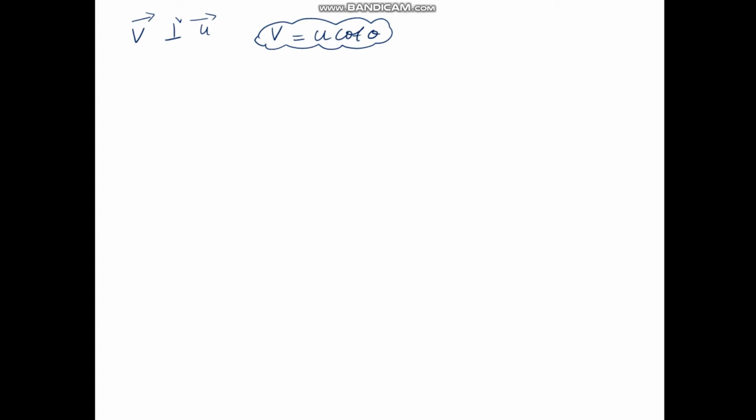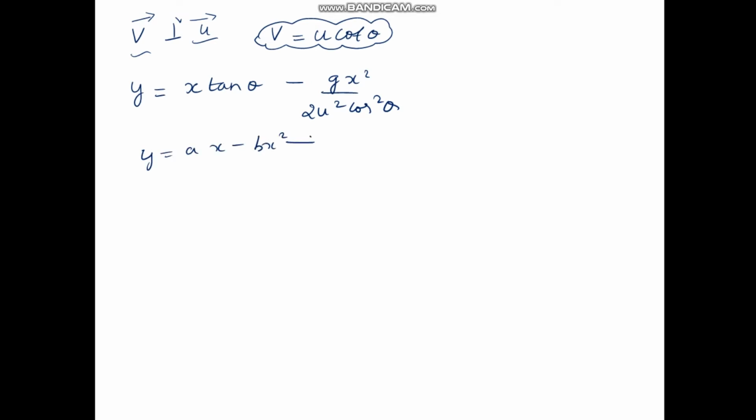You must also remember the equation of the projectile, y equals x tan theta minus g x square by 2u square cos square theta. This is similar to the form ax minus bx square, which is the equation of a parabola. So we can say that projectile motion follows the path of a parabola.